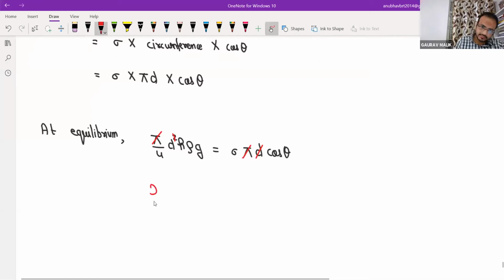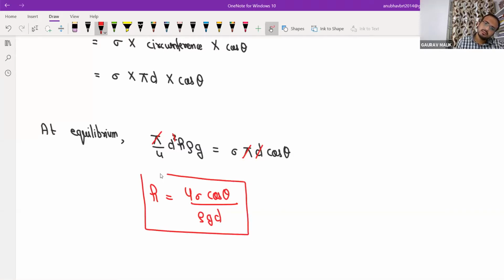We will get h is equal to 4 sigma cos theta divided by rho into g into d.